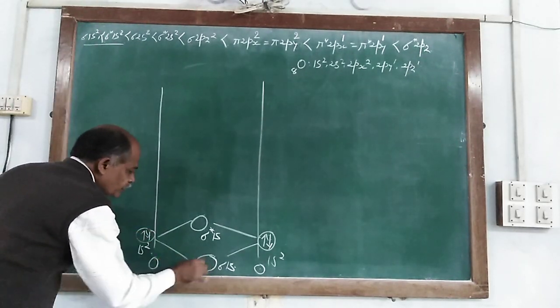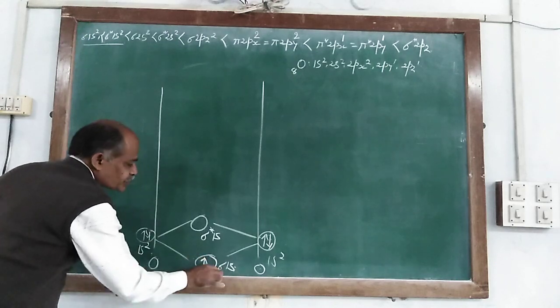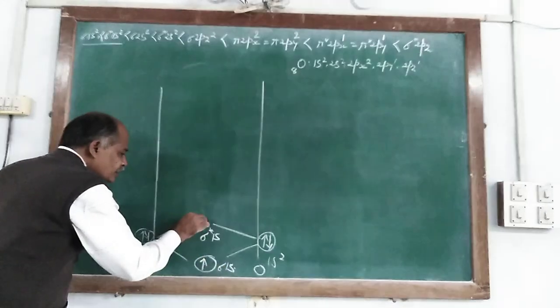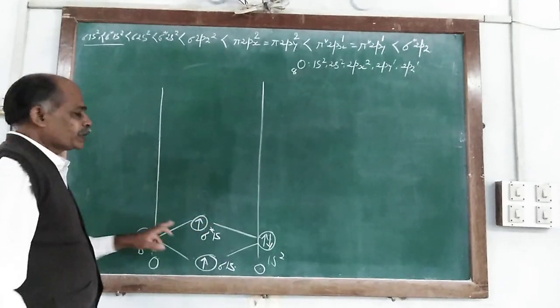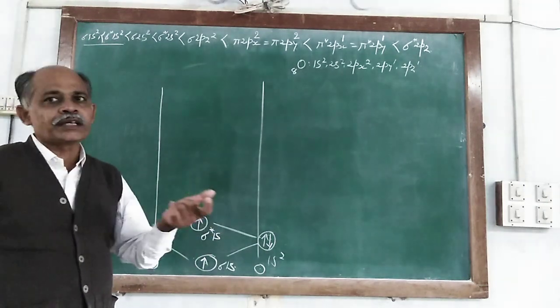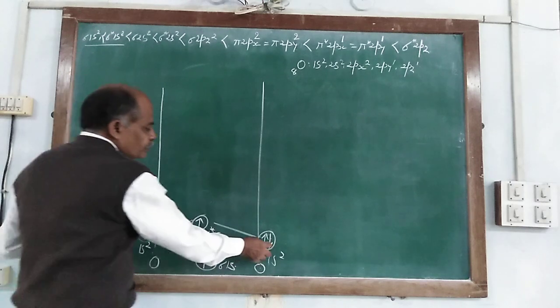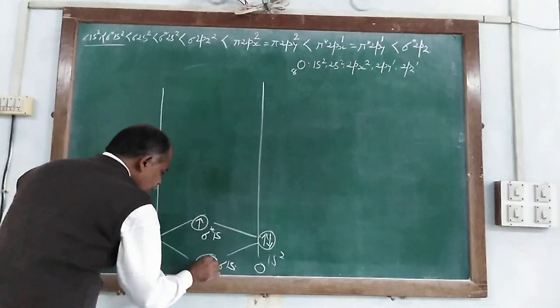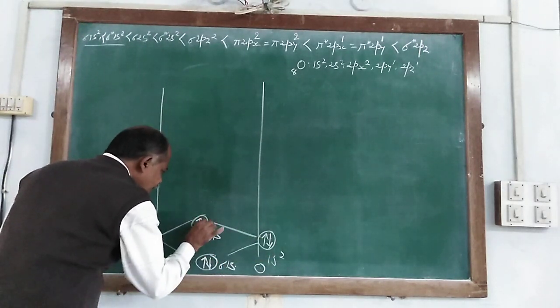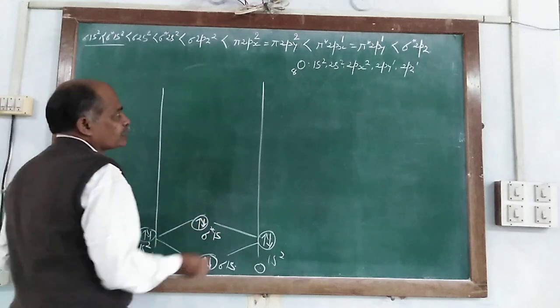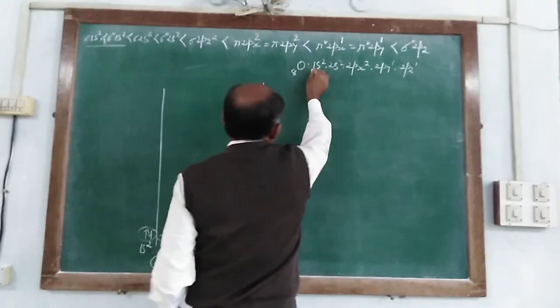One electron is accommodated in sigma 1s and another electron in sigma star 1s, the anti-bonding molecular orbital.